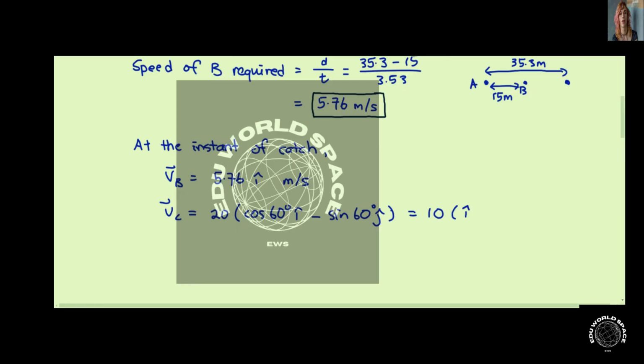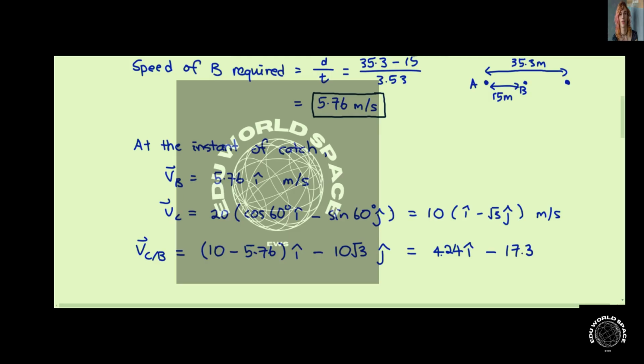So the velocity of the football relative to B will be 10 minus 5.76 i hat minus 10 root 3 j hat. Calculate the terms out, you get 4.24 i hat minus 17.3 j hat meters per second.